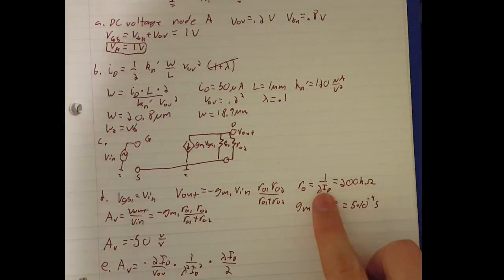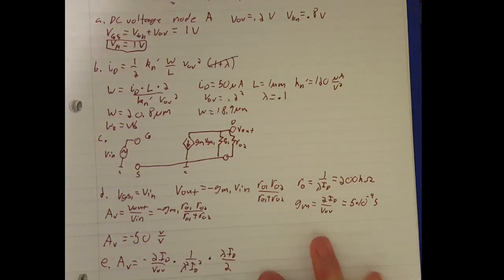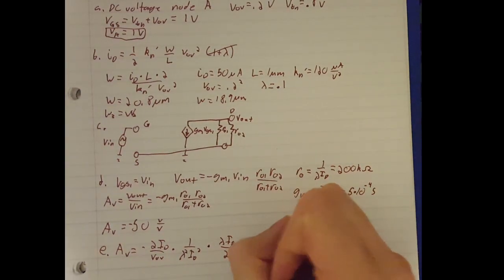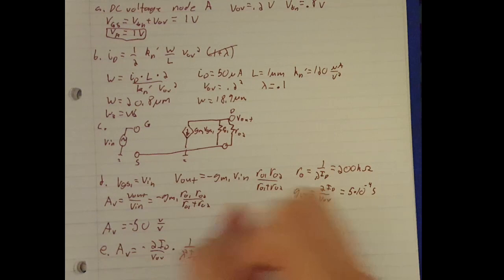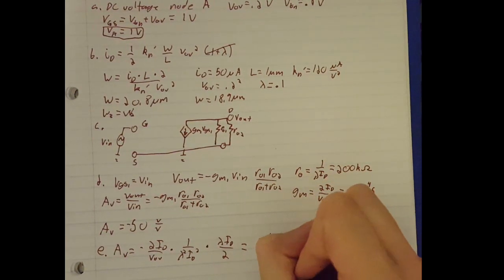I'm just 1 plus lambda ID plus 1 plus lambda ID is 2 over lambda ID. It's 1 over that, so it's lambda ID over 2. And so all these IDs cancel, the 2's cancel, and you get negative 1 over V over lambda.